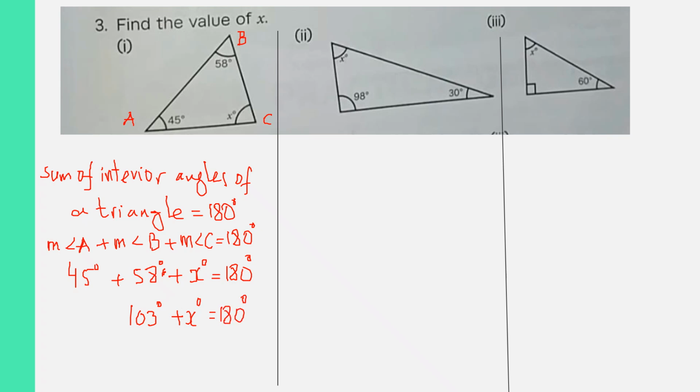That means I have to find x degrees, so I will take 103 to the right hand side, 180 degrees, and it will turn into a minus because on the left side it was with a plus sign. Minus 103 degrees is equal to, now let's see what is the answer when you subtract it from 180, and the answer is 77 degrees. Yes.